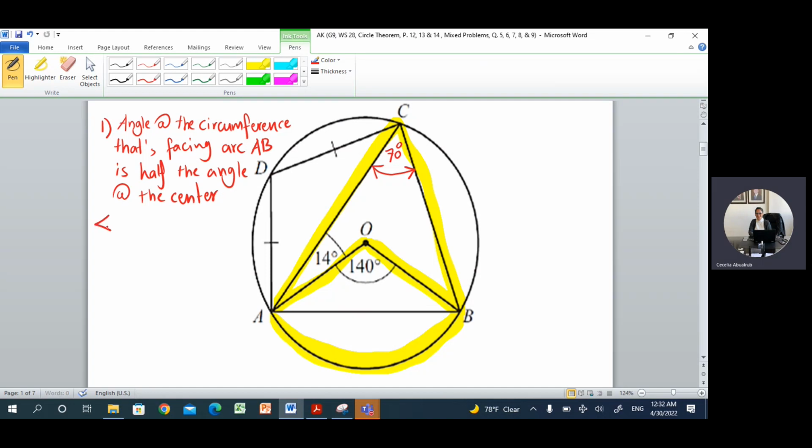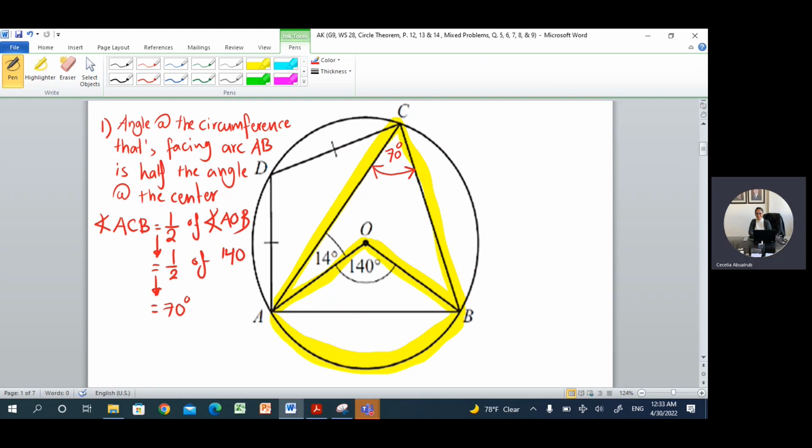Accordingly, angle ACB is equal to half of angle AOB. So half of 140 is equal to 70 degrees. Perfect.